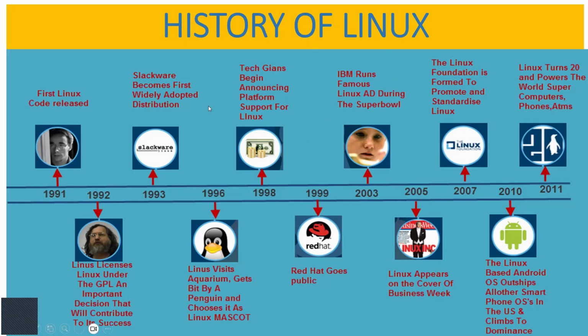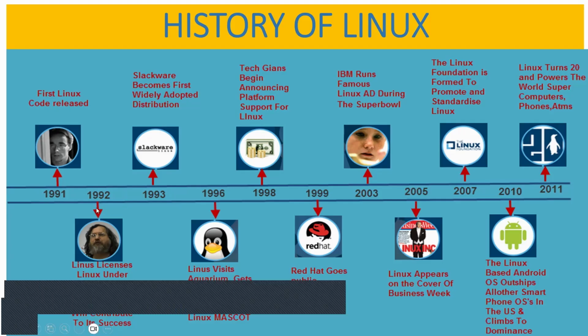The journey of Linux began in 1991 when Linus Torvalds released the first version of the Linux kernel. This marked the beginning of one of the most influential open source movements in computing history. In 1992, a major milestone was achieved when Linux was licensed under the GNU General Public License, allowing developers worldwide to freely use, modify, and distribute Linux, contributing significantly to its rapid growth and success.